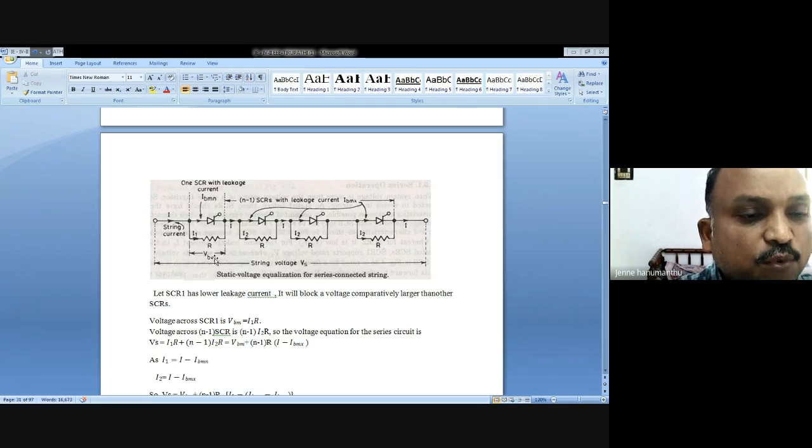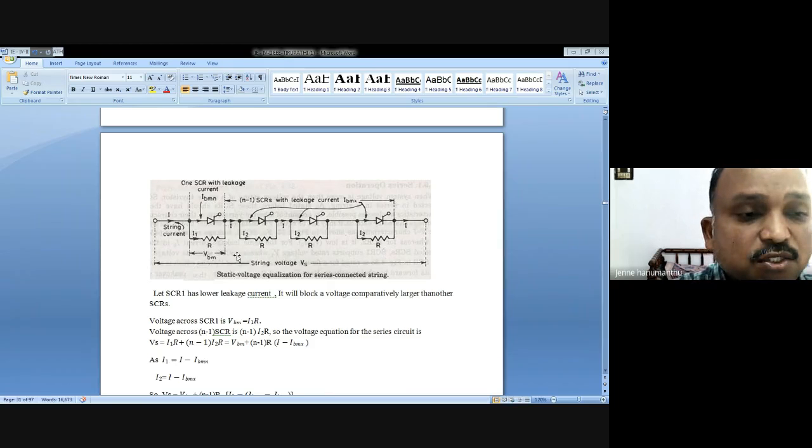The current flowing through this is I, and when the current is flowing through I with this thyristor, the current flowing through the first one is IB, and the current flowing through this is I1. The drop across this is VBM.